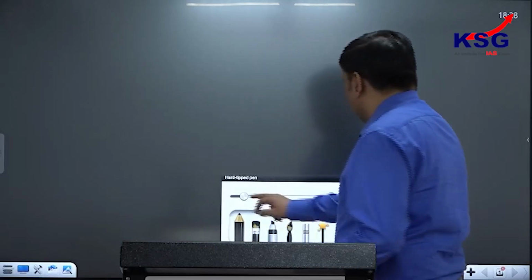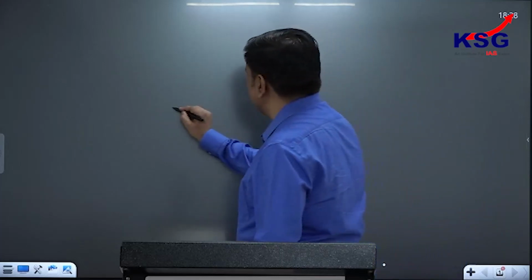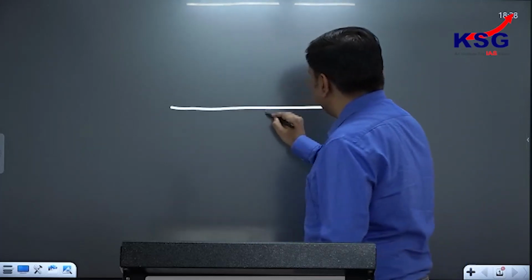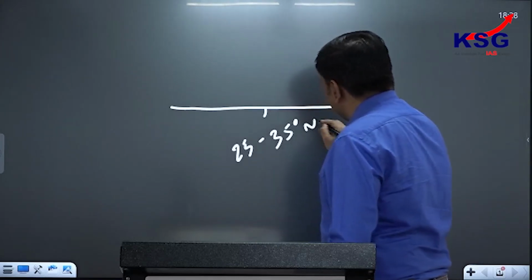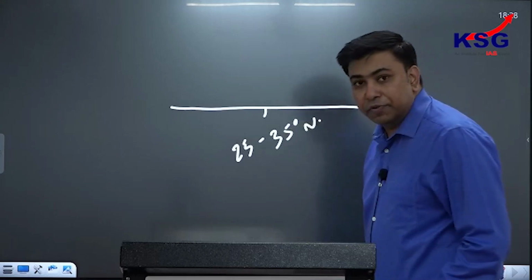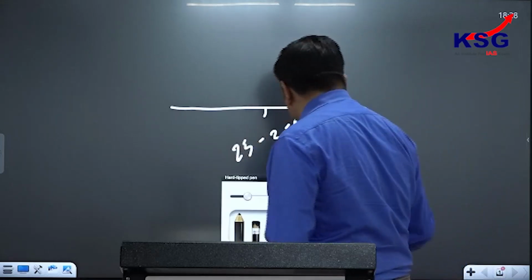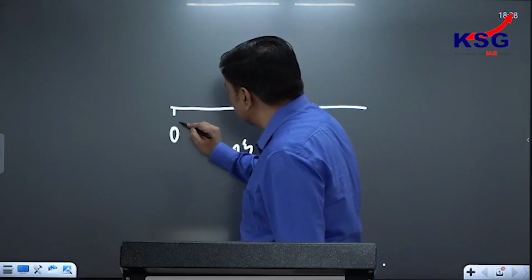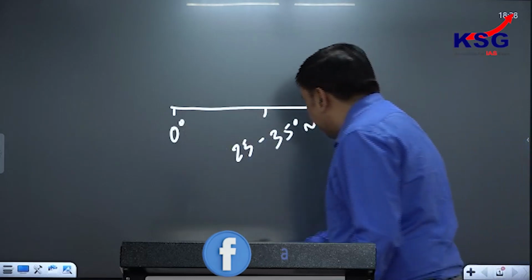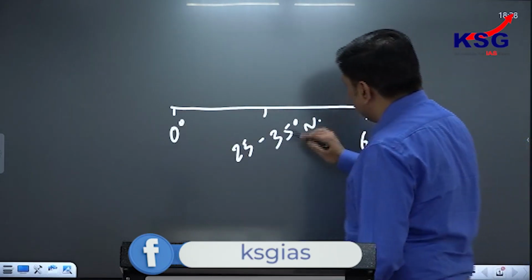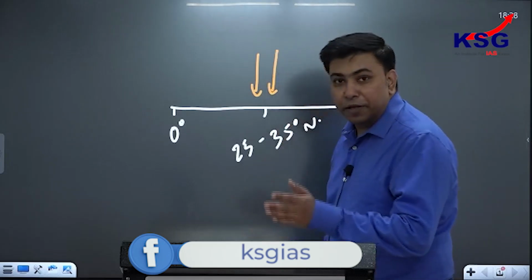See, the concept is, presume that here I am showing the range of latitudes between 25 to 35 degree northern and southern hemisphere. I am taking the example of northern hemisphere. And then we came to know that the air parcels which are rising from equator, 0 degree, and subpolar area, approximately 60 degree, are sinking over subtropical area.